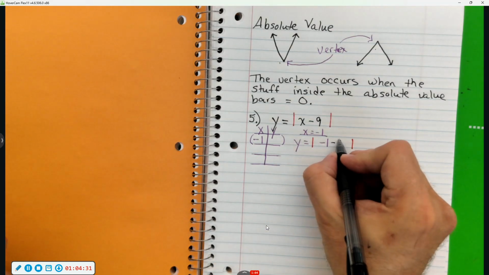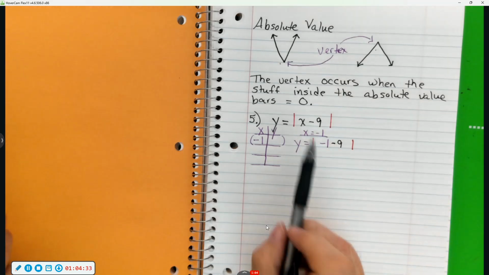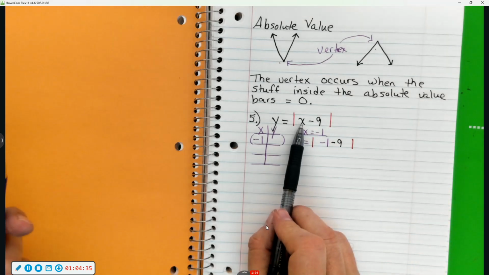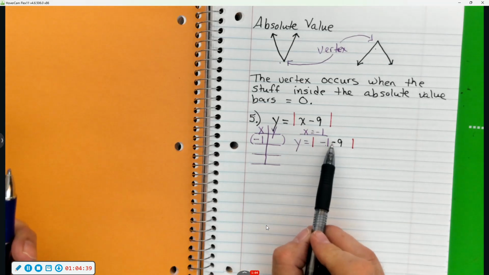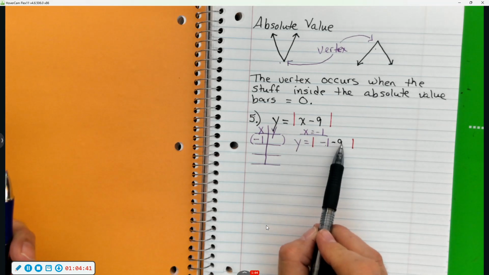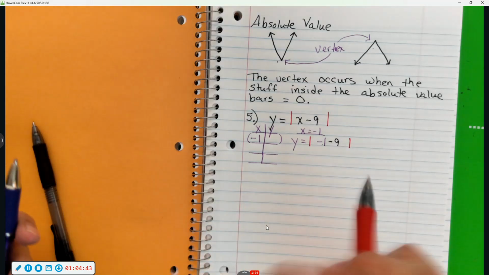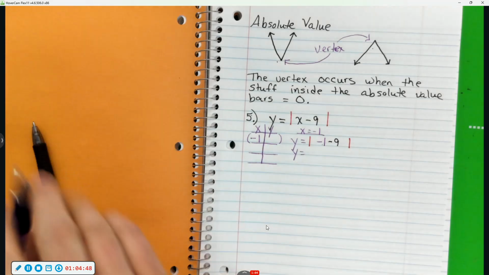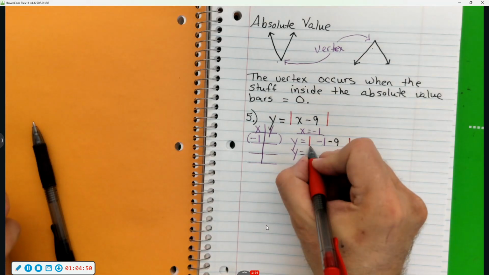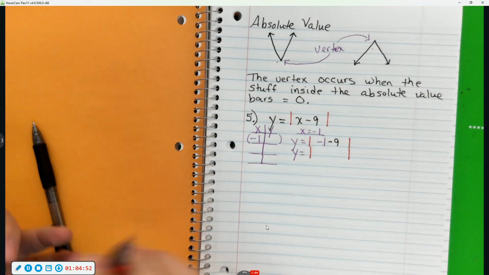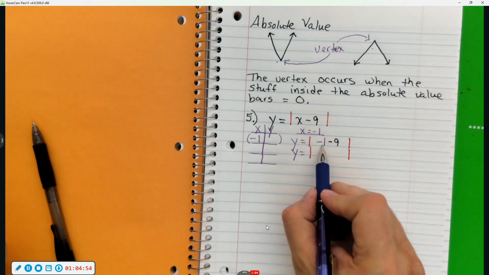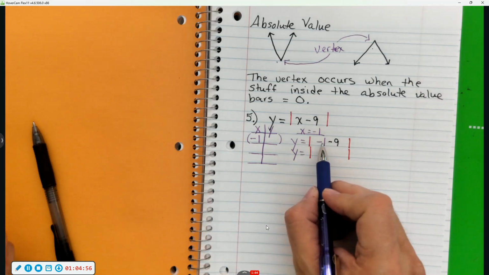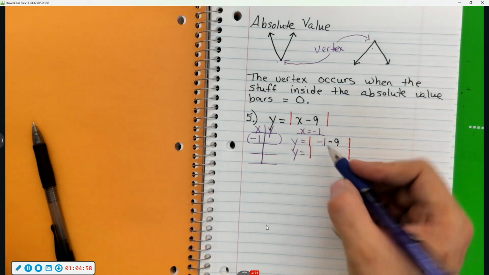So I plug the -1 in for x. Inside the absolute value bars, we have negative 1 minus 9, negative 10.